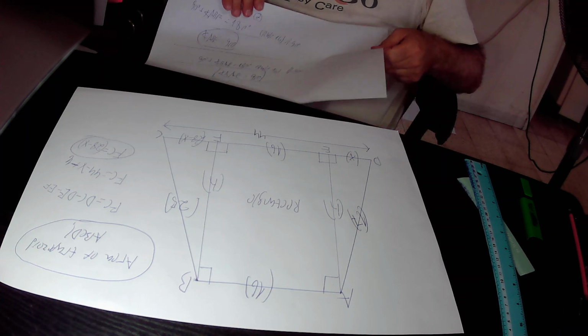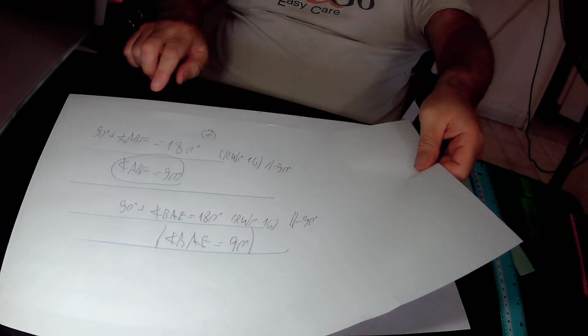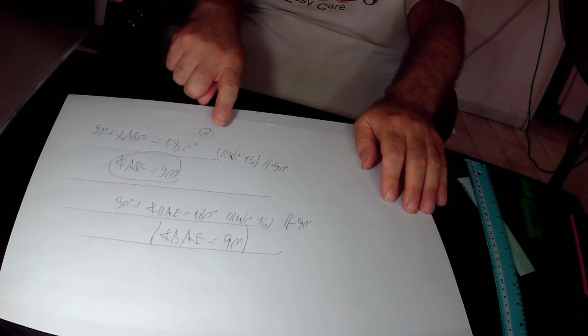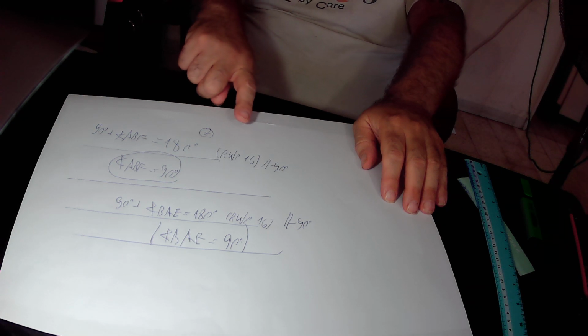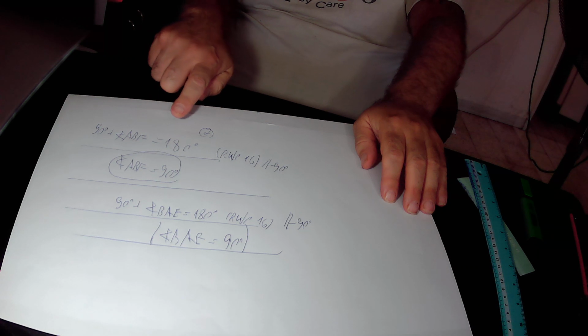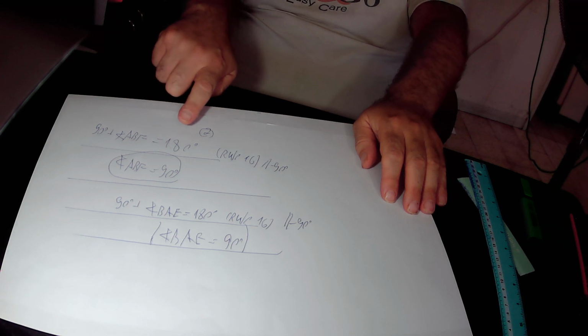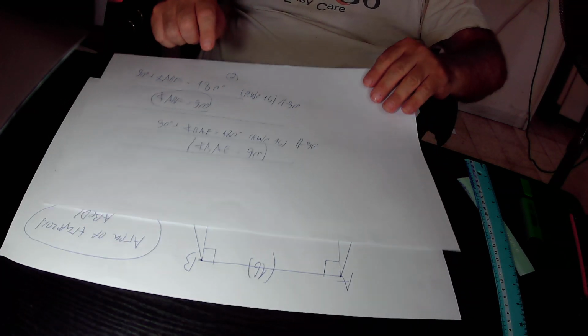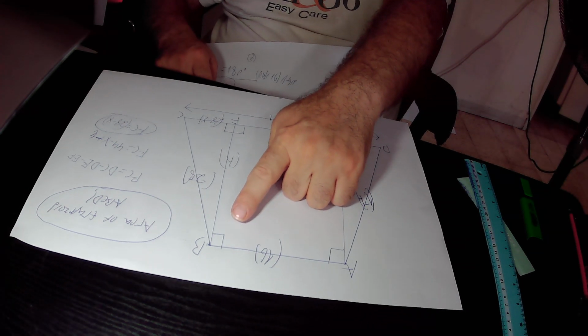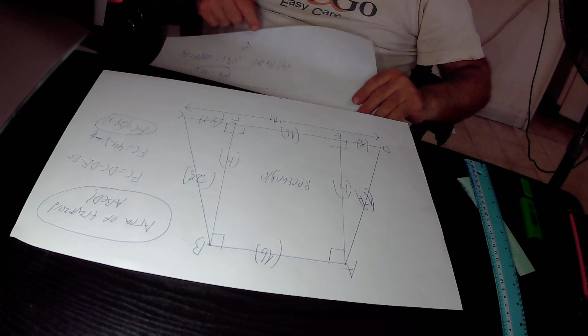Here we subtract the 90 degrees from this equation and find that the missing angle ABF equals 180 degrees minus 90 degrees, that is 90 degrees. So this is the missing angle ABF, equal to 90 degrees in size.